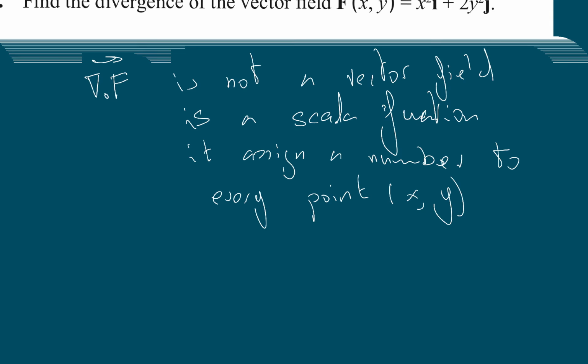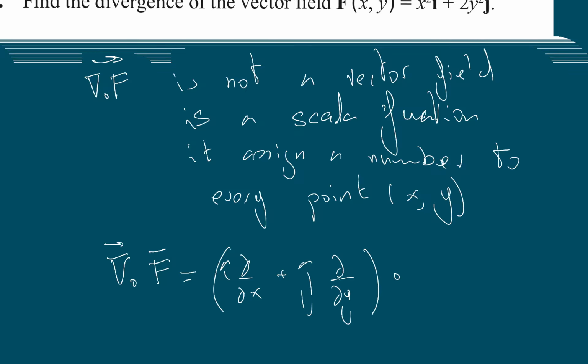First of all, let's work with the expression. The gradient of f is like the dot product of two imaginary vectors. The first vector is the derivative with respect to x i plus derivative with respect to y j. That is the nabla vector dot the f.